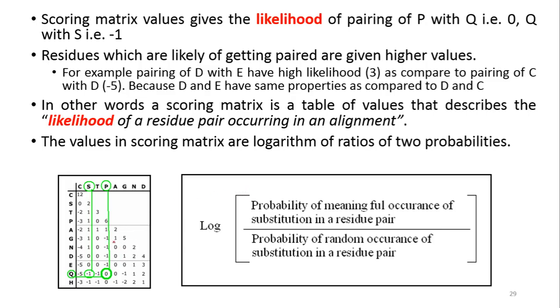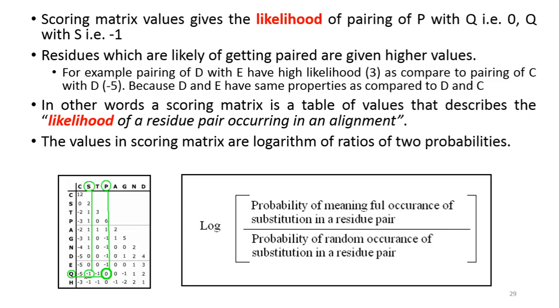In your scoring matrix, the value gives the likelihood of pairing P with Q, that is, the value is 0. The likelihood of Q getting paired with S is -1.